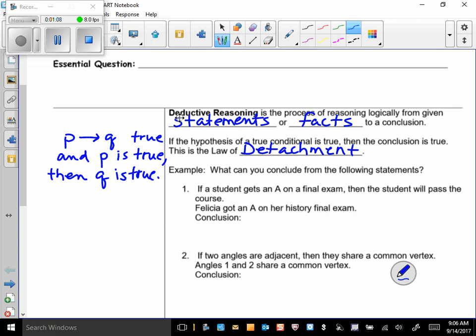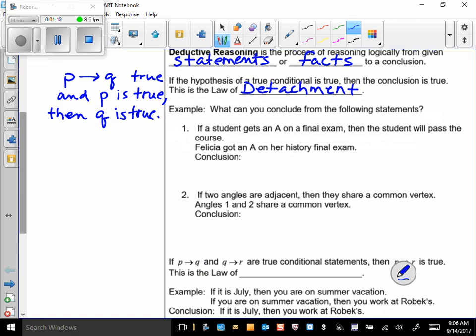So here's what it looks like in an example. What can we conclude, if anything? Maybe we can't conclude something, but let's see. If a student gets an A on a final exam, then the student will pass the course. Felicia got an A on her history final exam. So we're going to say if P then Q is a true statement. This is P, a student gets an A. This is Q, the student will pass.